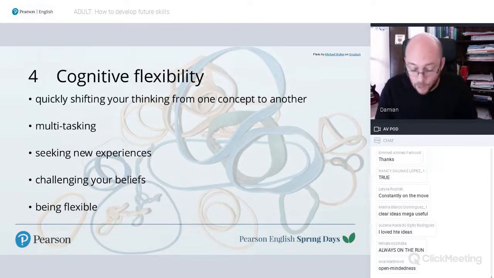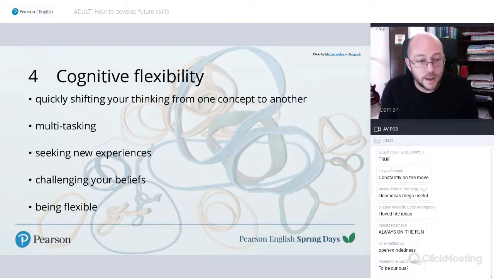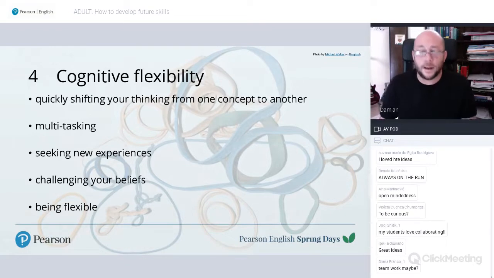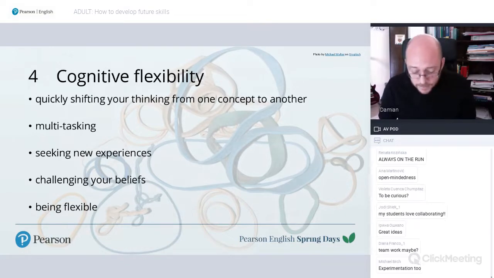It's about reading more, finding out about new ideas, learning from your peers, whether you're a student learning words or things from other students, or whether you're a teacher, sharing and picking up ideas in the staff room. Yeah, not always on the run like that. Open-minded, to be curious. Oh, excellent. Yeah, all of those. It's also about challenging your own beliefs.